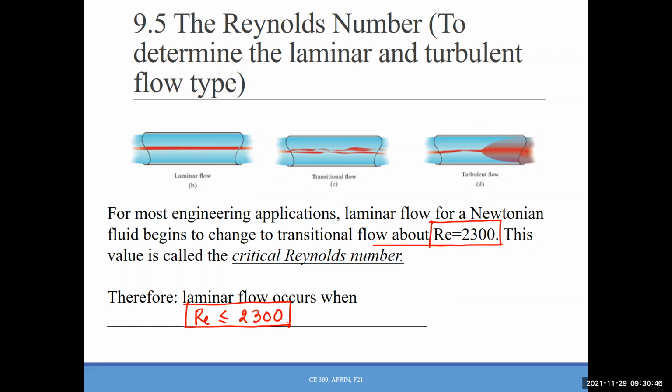Now, in reality, this number is actually from 2200 to 2500 based on different experiments. The book we are using in this class uses 2300. That's why we will use 2300. But if you see 2200 or 2500 in any other book, that is fine also.